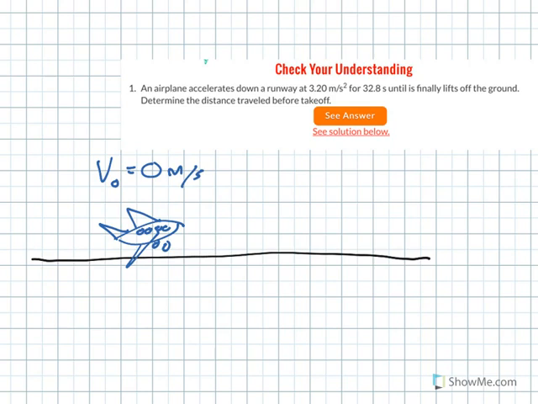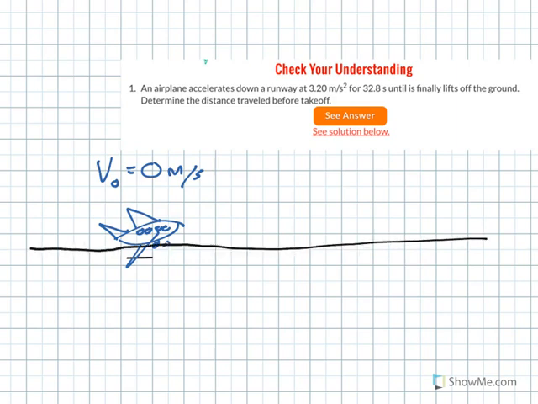I should redraw the ground because it kind of looks like that airplane is floating above the ground. That could be confusing. Hold on. There we go, it's on the ground. And then it's going to accelerate down the runway, so it's going to gain speed.